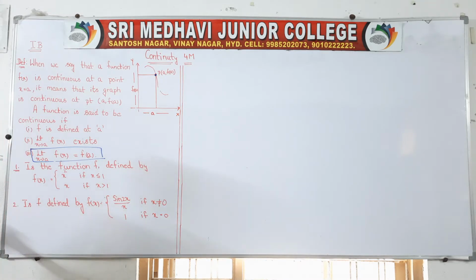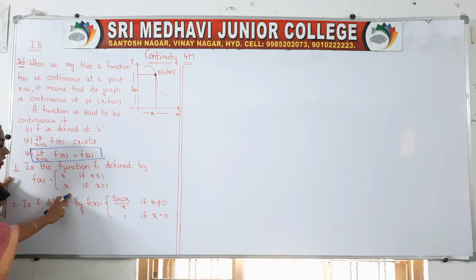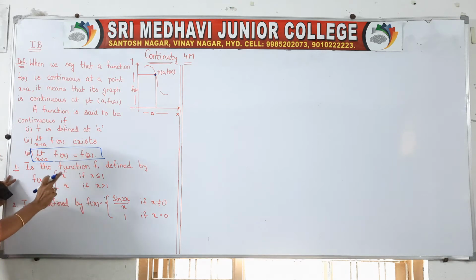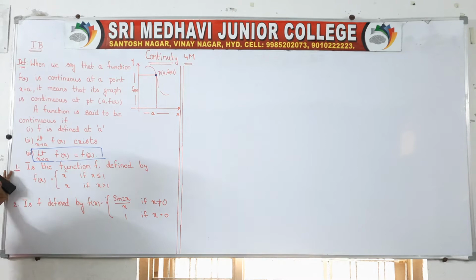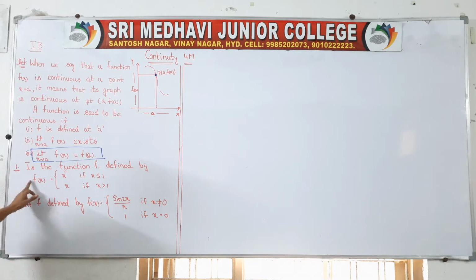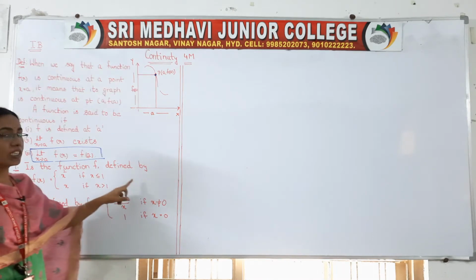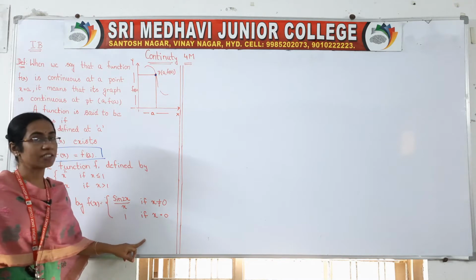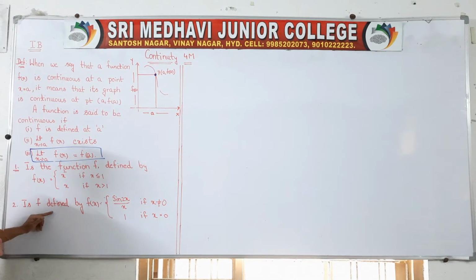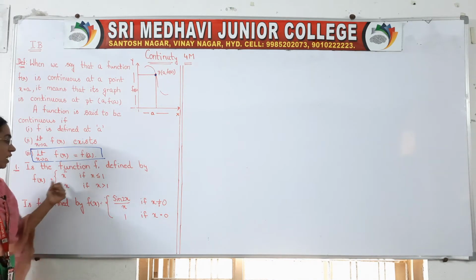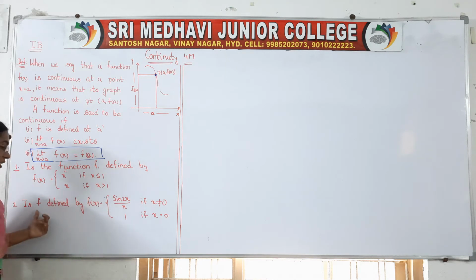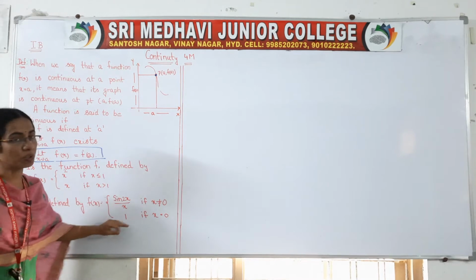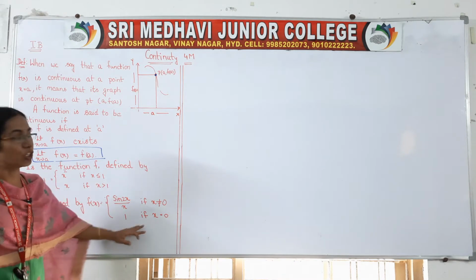Okay, so now come to the first question. Is the function f defined by f of x is equal to this continuous at 1? Is the function defined by f of x is equal to this continuous at 0?